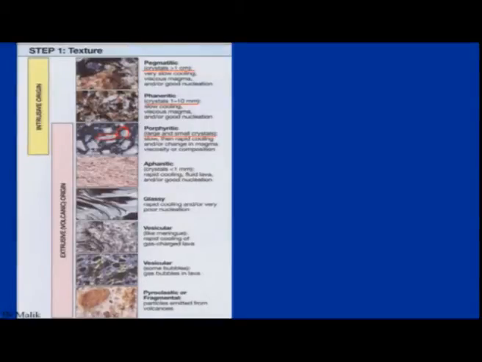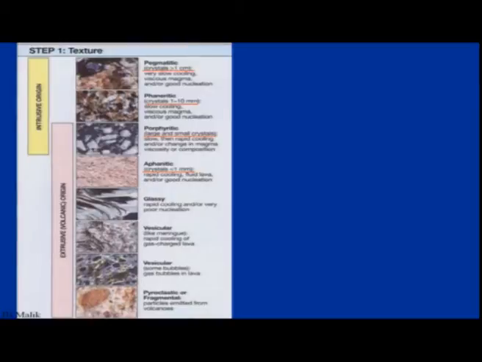This type of texture is termed as porphyritic texture. If you move further down into the extrusive rocks, we have finer ones: aphanitic texture, glassy texture, vesicular and so on.